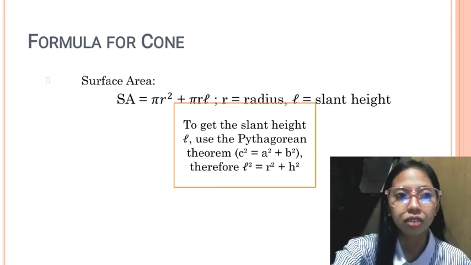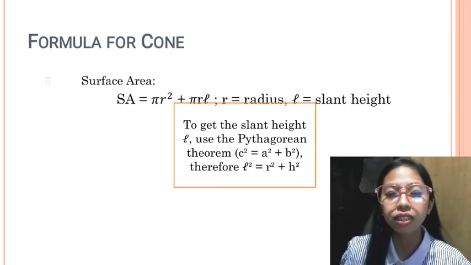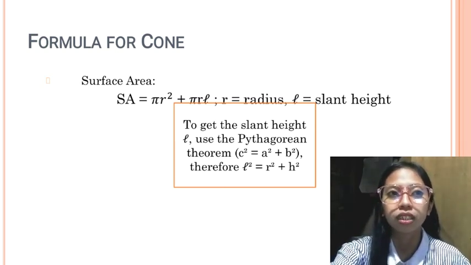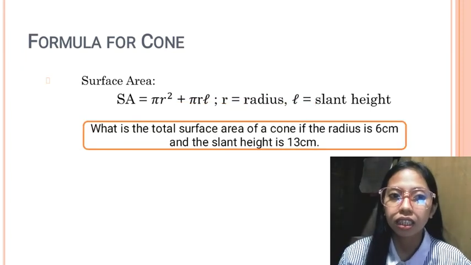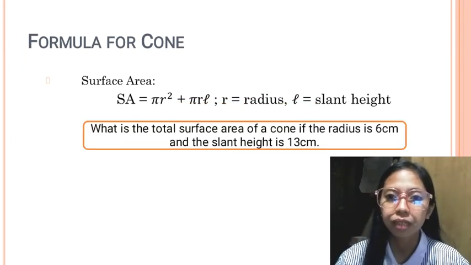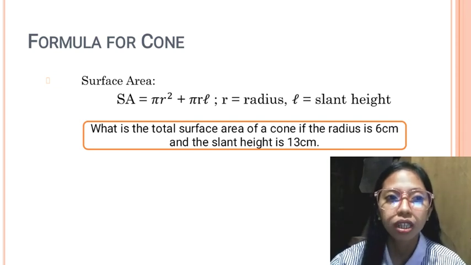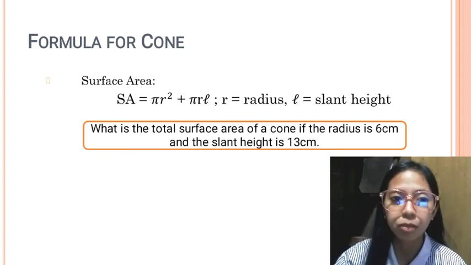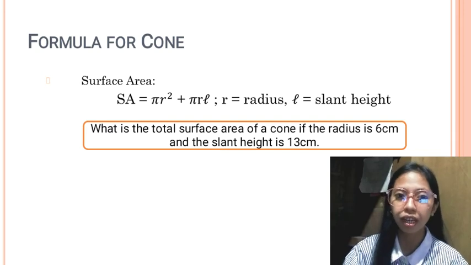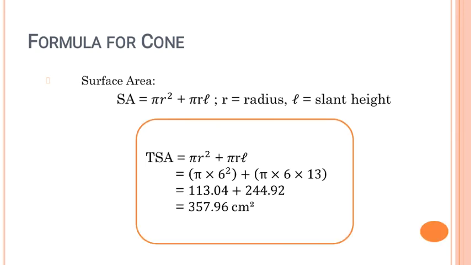So I have here an example in finding the surface area of a cone. So here is the problem. What is the total surface area of a cone if the radius is 6 cm and the slant height is 13 cm? So, substituting the given values, we will now derive the equation of pi, which is 3.14, times 6 squared, close parenthesis, plus 3.14 times 6 times 13.